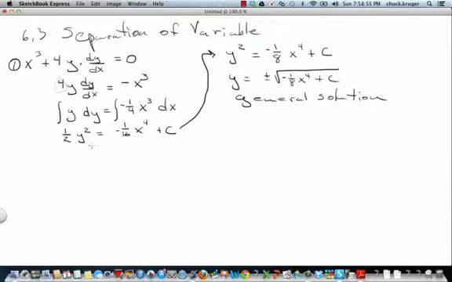Alright, but if I have a particular solution, in other words, I want to find c, what I do is immediately after I integrate, I plug in the point, and the point that I want is 1, 2.